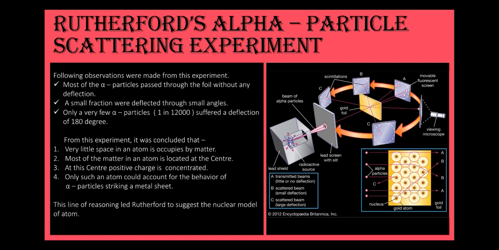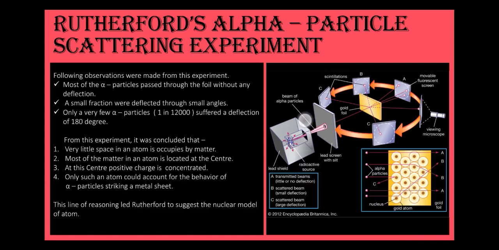While performing this experiment, he observed that most of the alpha particles pass through the foil without any deflection. Here you have to pay attention to this diagram to understand the observations he made.